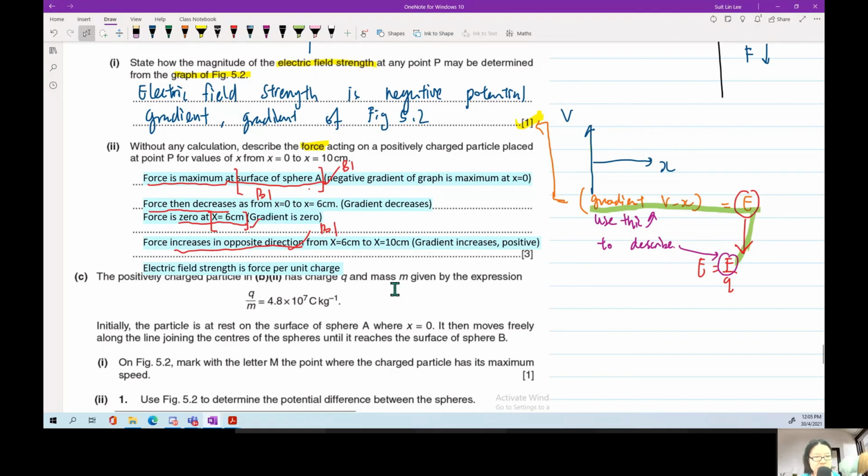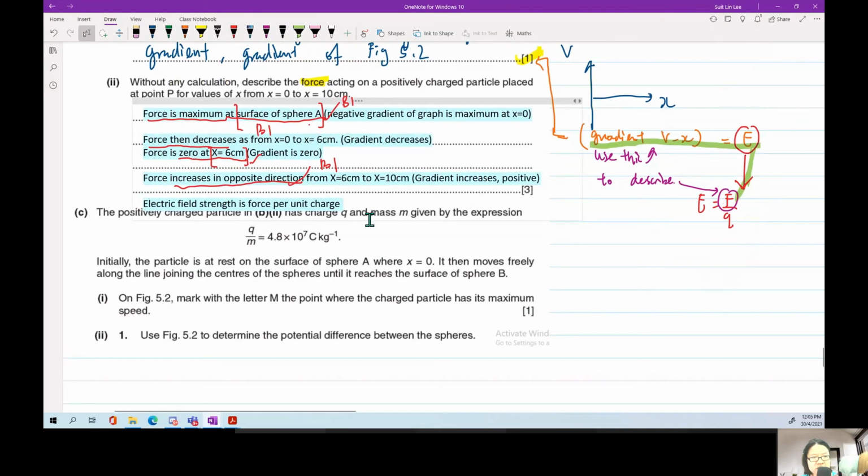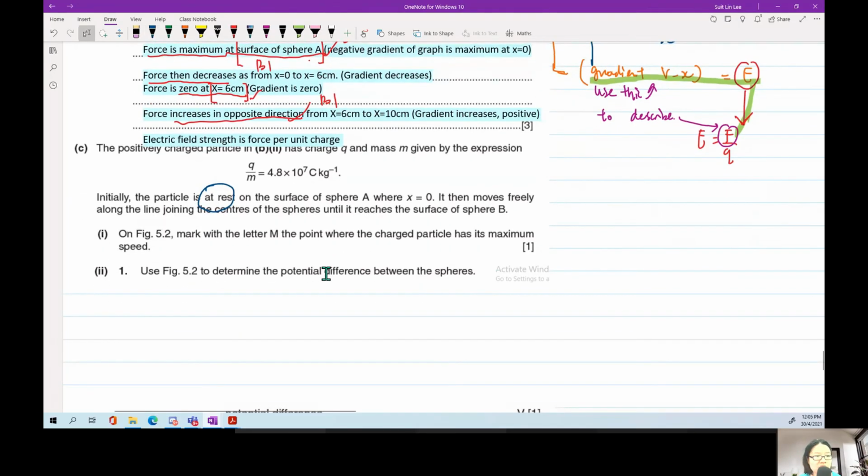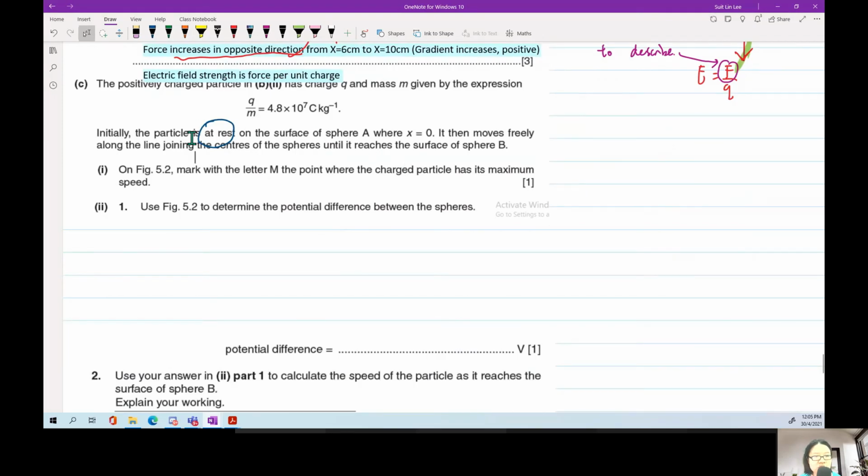We're going to move on to the calculation part. The positively charged particle has a charge per unit mass of this value. This is called the specific charge if you do chemistry. Initially, the particle is at rest on the surface of sphere A, where x is equal to 0. It then moves freely along the line joining the centers of the spheres until it reaches the surface of sphere B. On figure 5.2, mark with the letter M the point where the charged sphere has maximum speed.